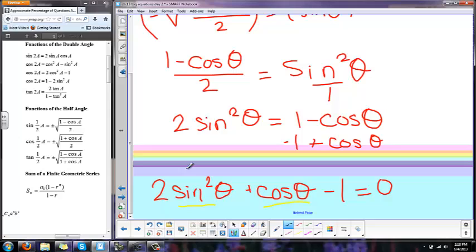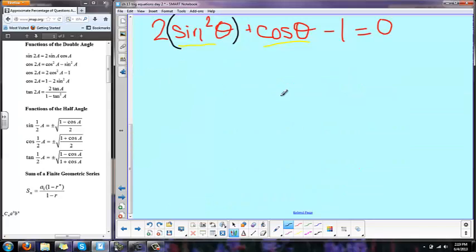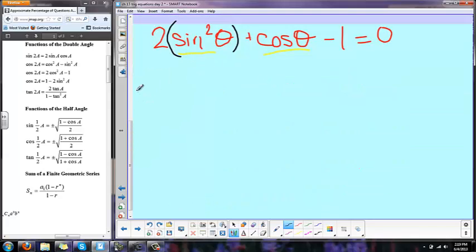Awesome. That's going to work. So right here, sine squared theta, and this actually, John, is exactly why I always want you to write things in parentheses, because that 2 out front is really tricky. So 2 times. Now, instead of writing sine squared theta, I'm going to write 1 minus cosine squared theta. And why did I do that? Because now I have an equation that has all the same variable in it. Instead of sine, I have a cosine squared, which is awesome. It's exactly what I wanted.